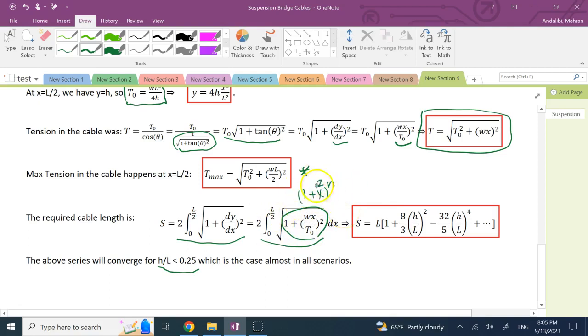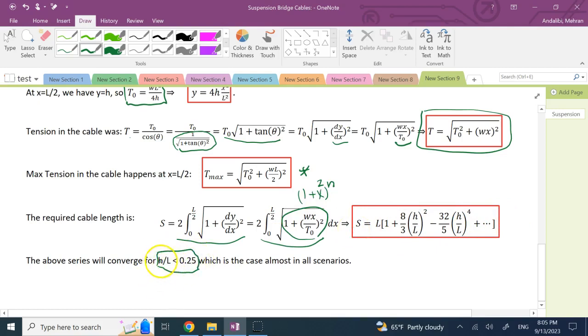If you use the Maclaurin expansion for this function, or Taylor expansion, and so write this whole square root as a polynomial. Of course, it's going to be an infinite polynomial, but if you integrate it, you get this guy. And again, if you add just a few more terms, then you can easily get the total length that you require. And you just need this condition to be satisfied.